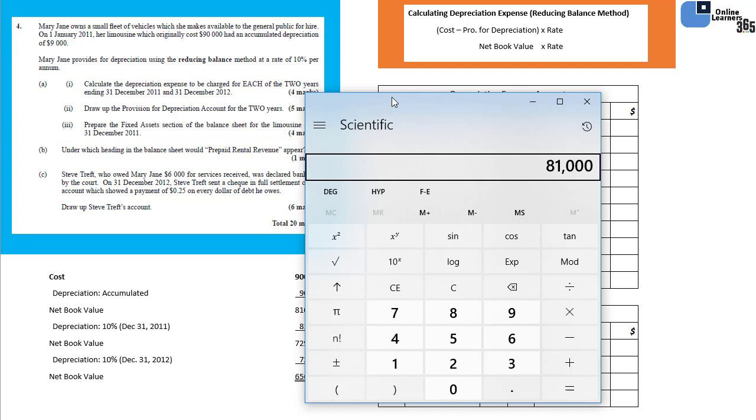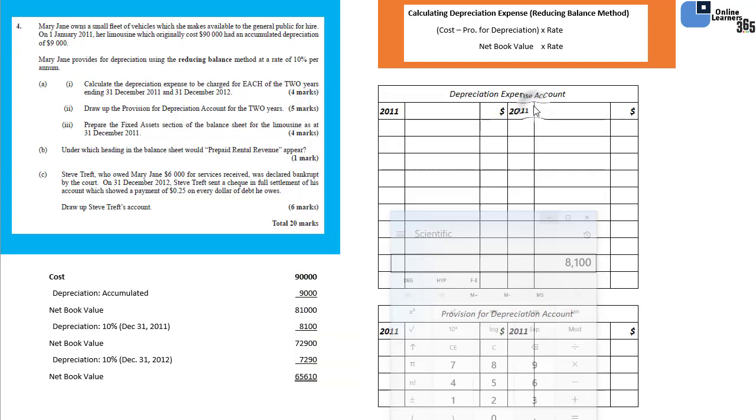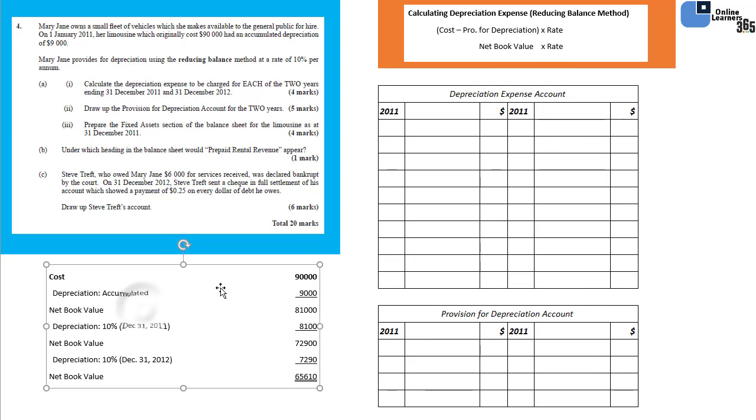Now if I'm going to multiply that by 10%, which is 10 over 100 or 0.10, that gives me a total of 8,100. So for the first year, the depreciation would have been 8,100.